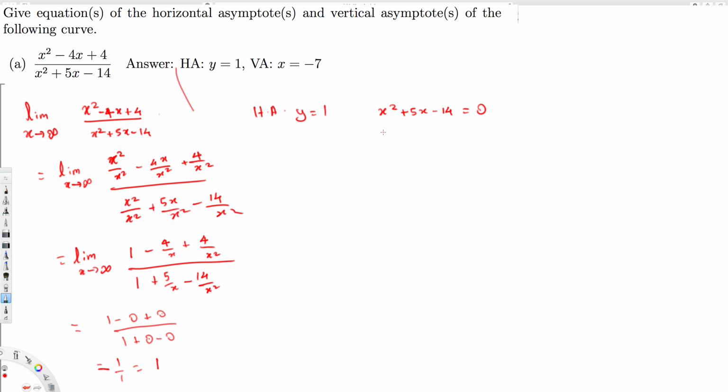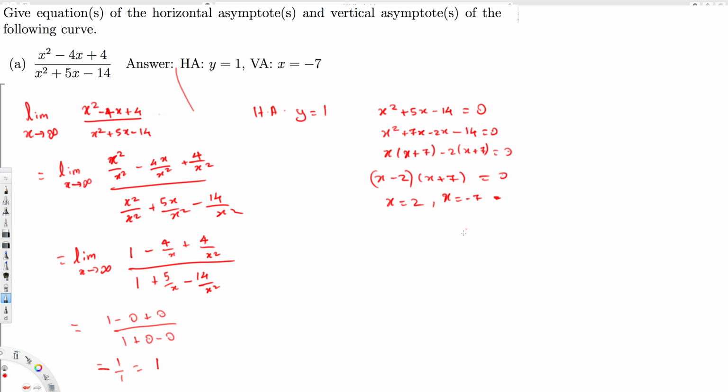So x square plus 7x minus 2x minus 14 is equal to 0. Then I can take x common, x times (x plus 7), and minus 2 common, minus 2 times (x plus 7), is equal to 0. Then (x minus 2)(x plus 7) is equal to 0. Then we have x is equal to 2 and x is equal to minus 7.